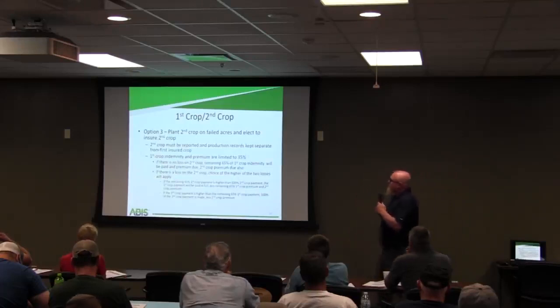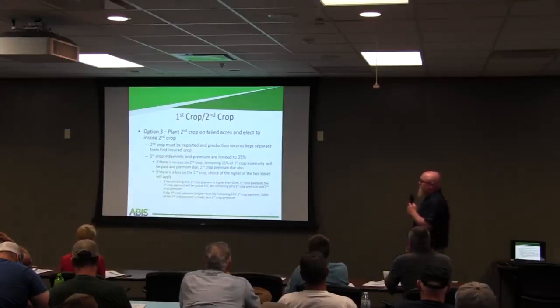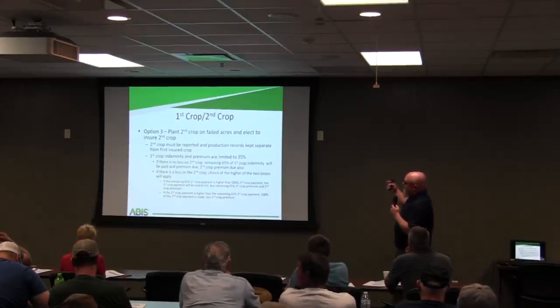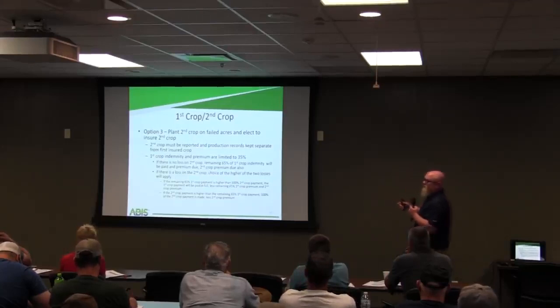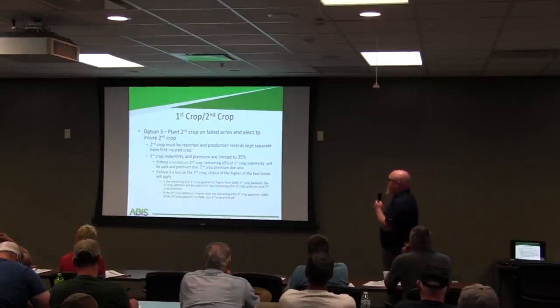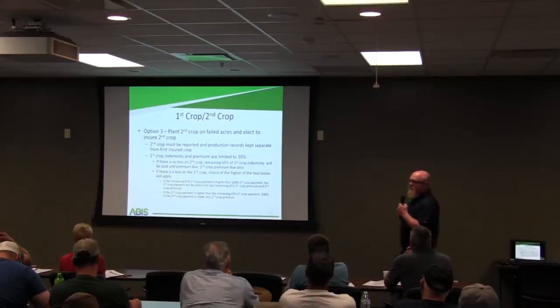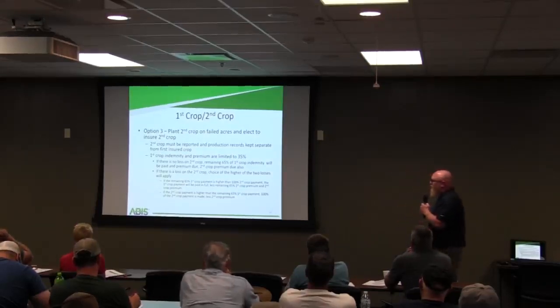In option three, you would plant the second crop on failed acres and elect to insure. So the second crop must be reported and production records kept separate from the first insured crop, or from any other acres of the like crop in that farm or unit. First crop indemnity and premium again are going to be reduced to 35% of what they normally would have been.